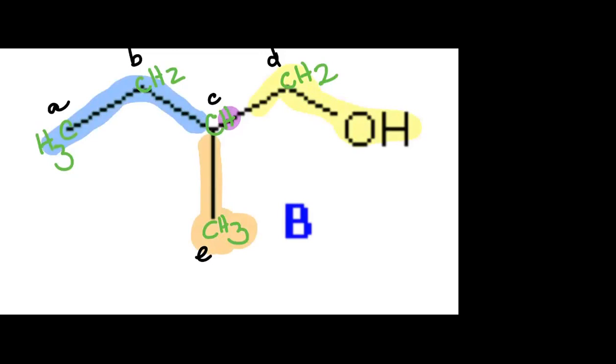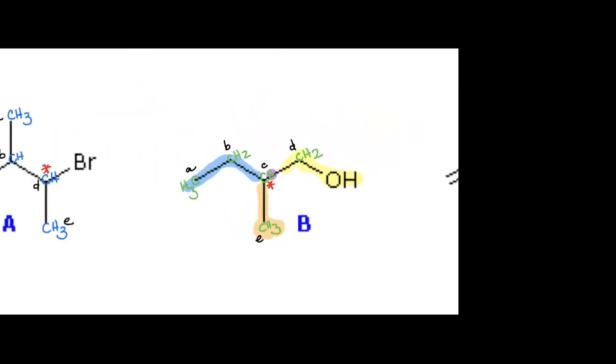So is carbon C chiral? Yes or no? Great to see those yeses. So what are we going to do with carbon C? We're going to label it with an asterisk. So this molecule has 1 chiral carbon.